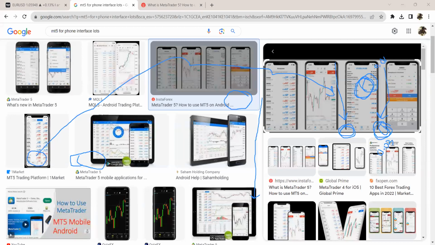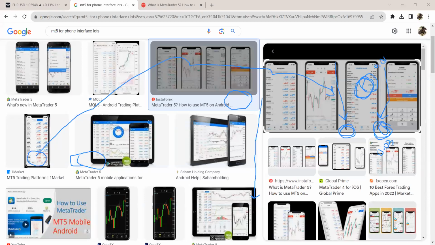Once you do all that, it will take you to this middle interface. It will bring you this one. Let me see if I can use... Okay, yeah, I can use this. It will bring you to this one here.